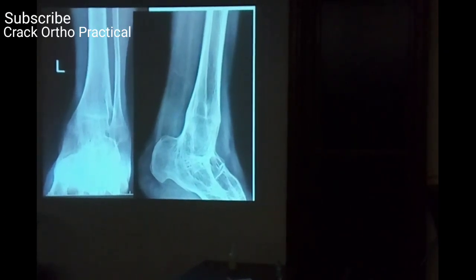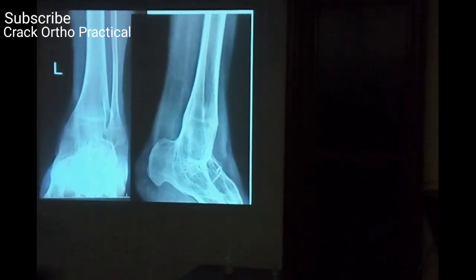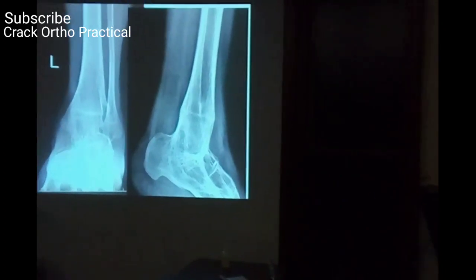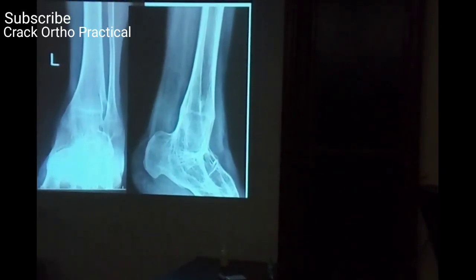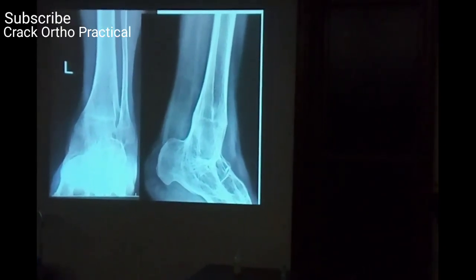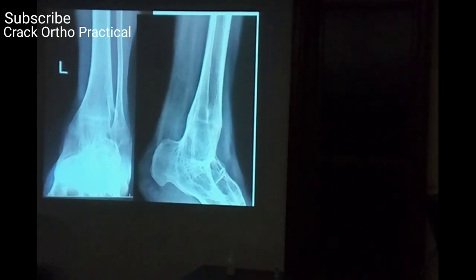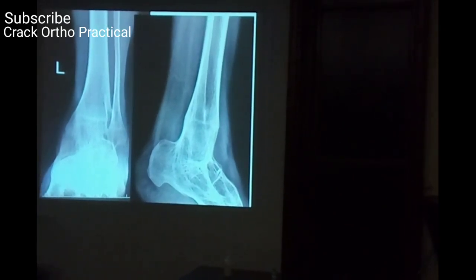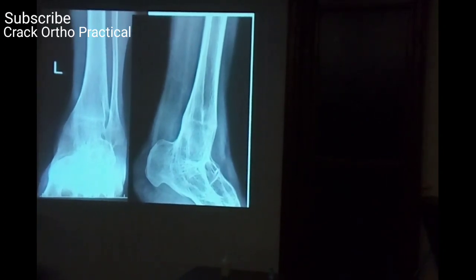This is an X-ray of the ankle joint, left side, with fusion of the ankle and subtalar joint, with trabecular crossing across the joint.